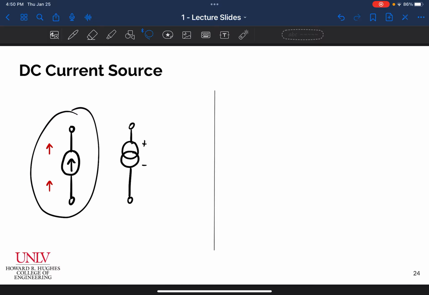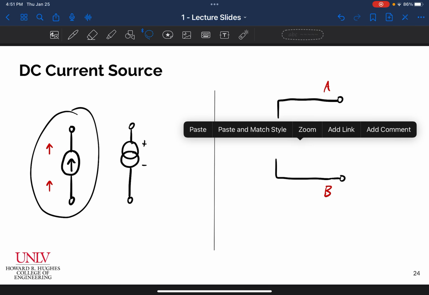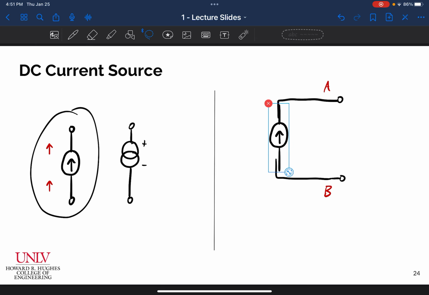And so, again, I'll do a brief explanation of what a current source does and what it means for our circuit. So let's say I've got some wire here, and I'll call it A. And then I've got some wire here, and I'll call that one B. And then I want to take a current source and just stick it into my circuit right here.